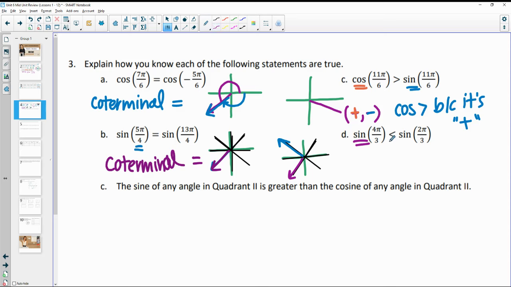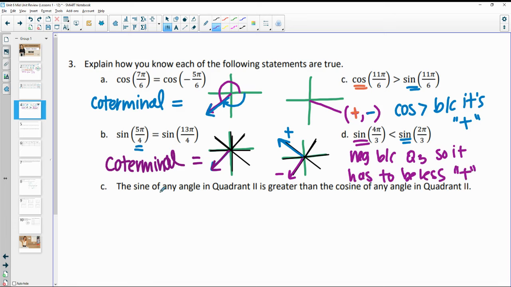And so if we think about sine again, sine in the second quadrant is positive because the y is positive, and sine in the third quadrant is negative because the y is negative. So this one is negative because it's in quadrant 3, so it has to be less than a positive number.